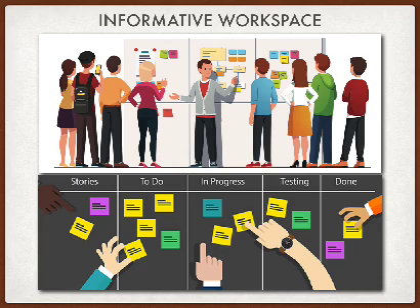So all these can be put into your workspace, and this workspace serves as an information system that can help people understand what you are doing, and it also helps the developer to stay focused on whatever he is developing. So this is the idea of an informative workspace.